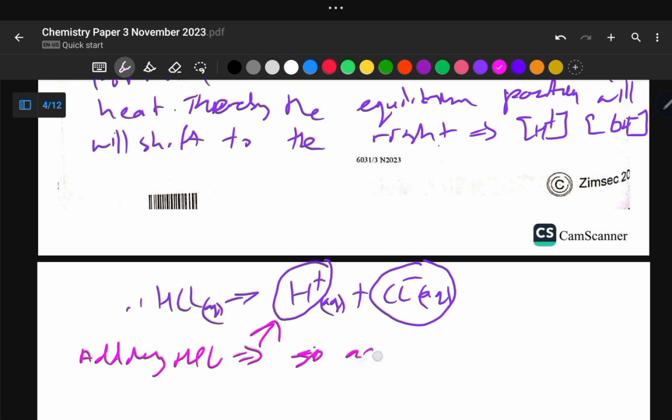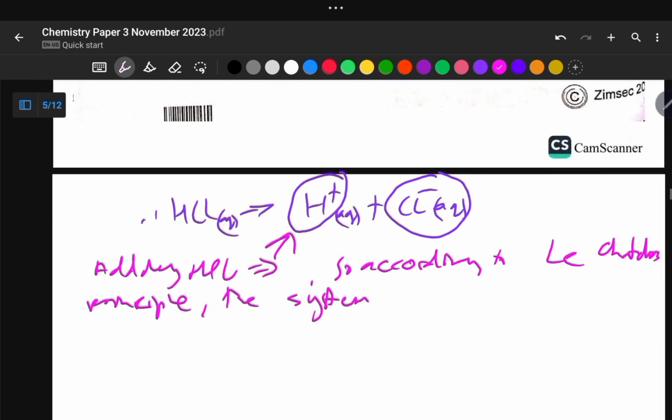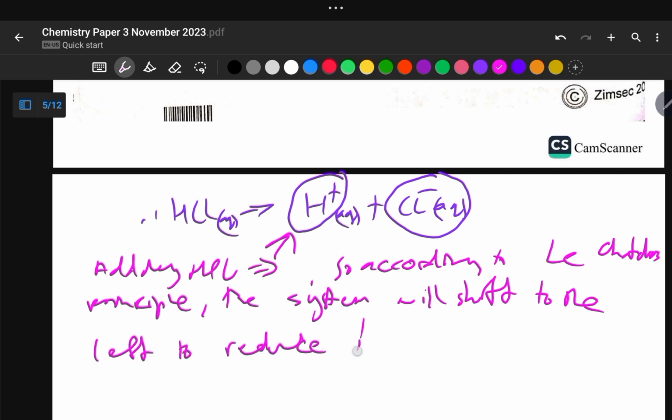So according to Le Chatelier's principle, the system will shift to the left to reduce the added proton, right? Thereby favoring the backward reaction.